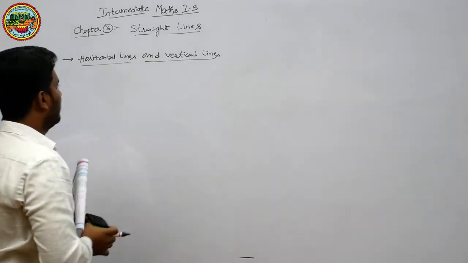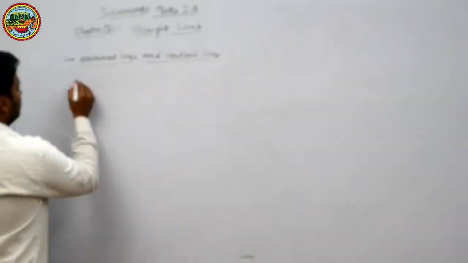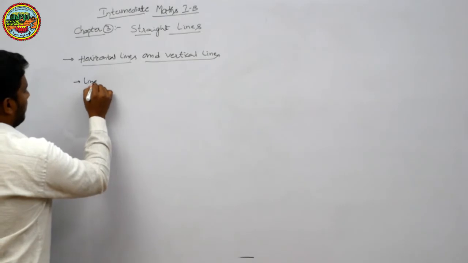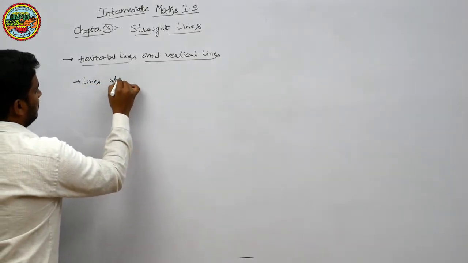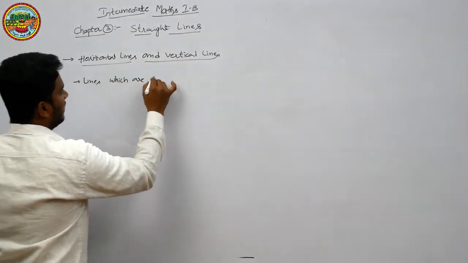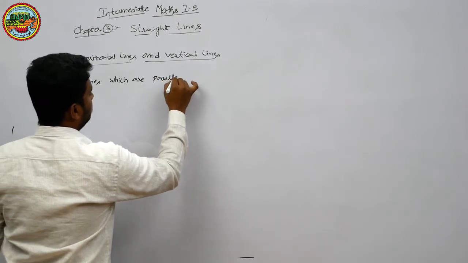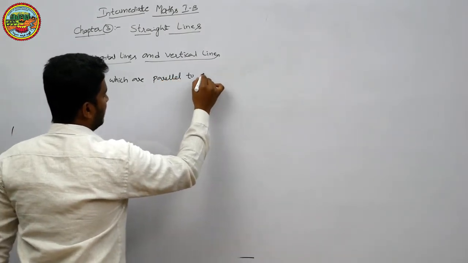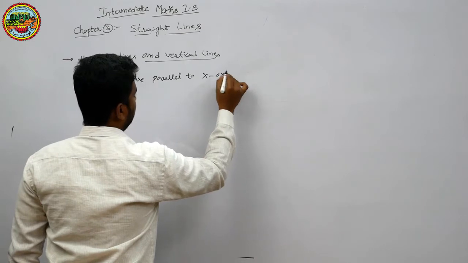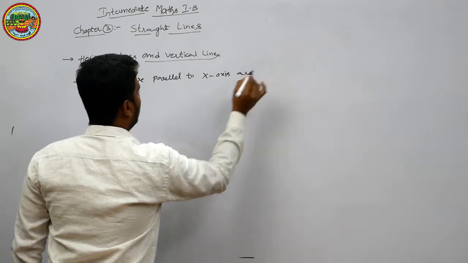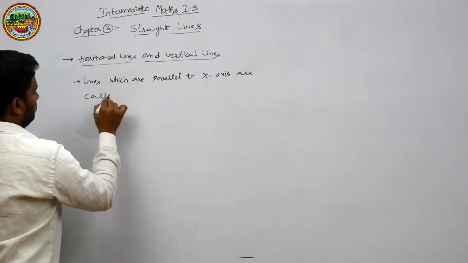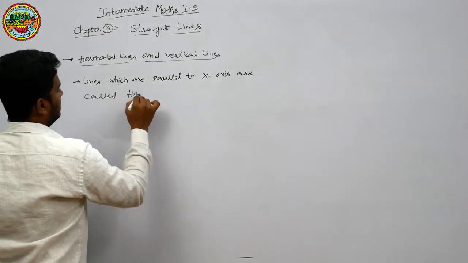Horizontal line means the lines which are parallel to x-axis are called horizontal lines.